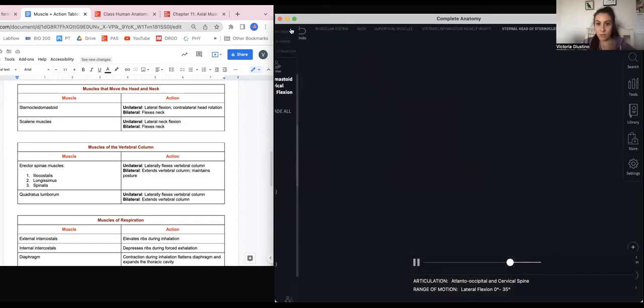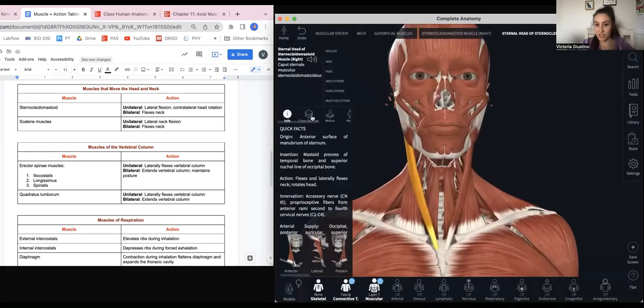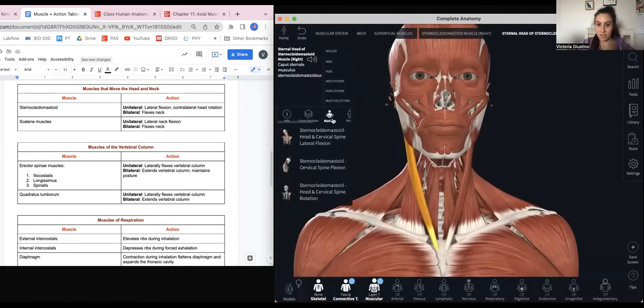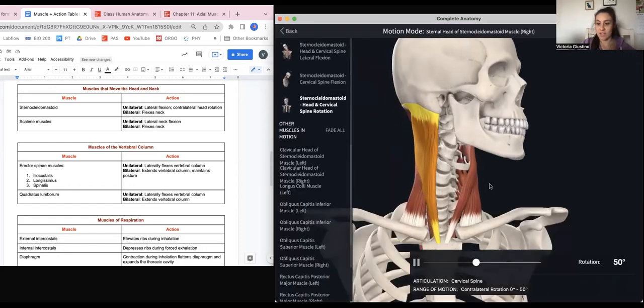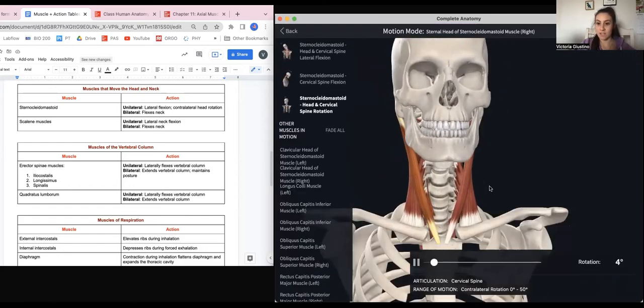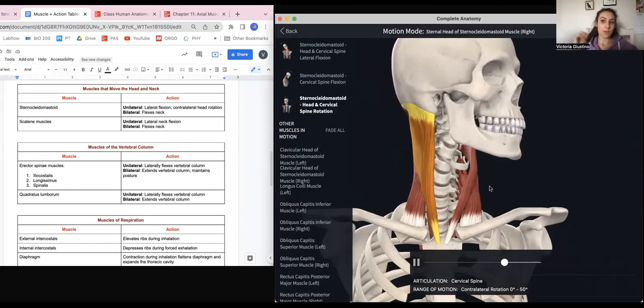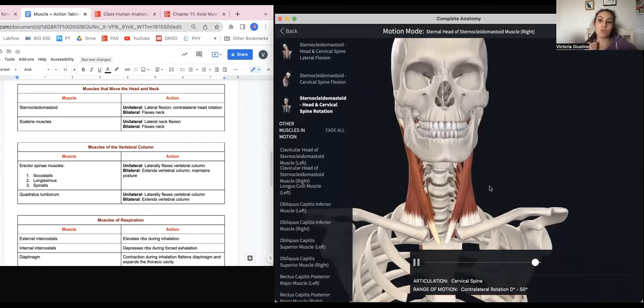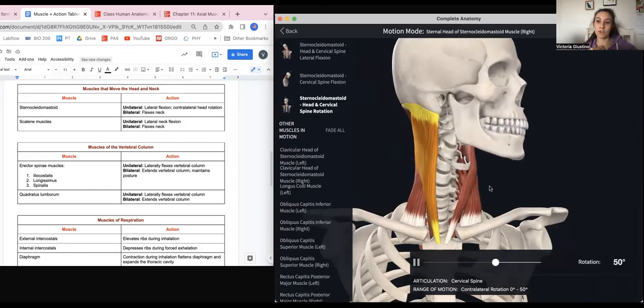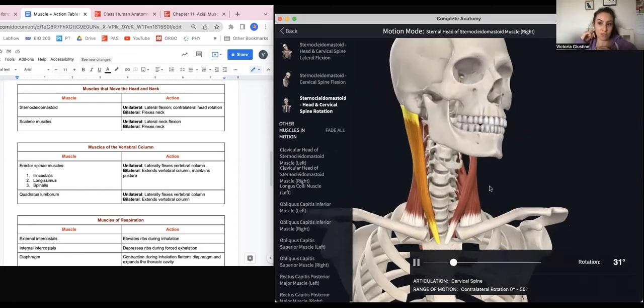Now, also, when you do a unilateral contraction of the sternocleidomastoid muscle, you're going to get contralateral rotation of the head. So that means rotation of the head to the opposite side. So again, imagine I have a rope going from my mastoid process down to my manubrium of my sternum and to my medial clavicle here.